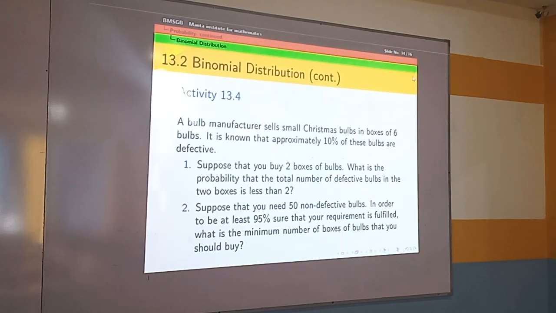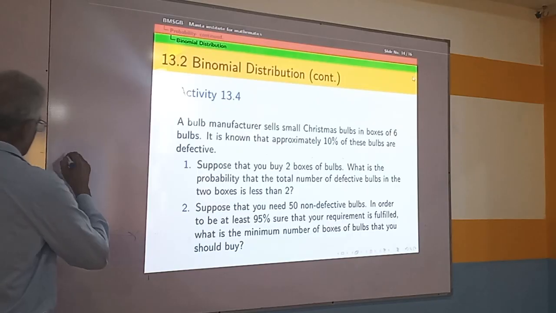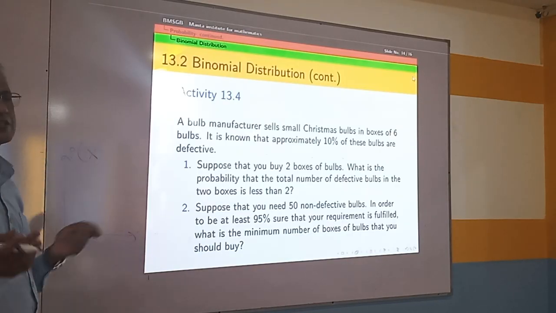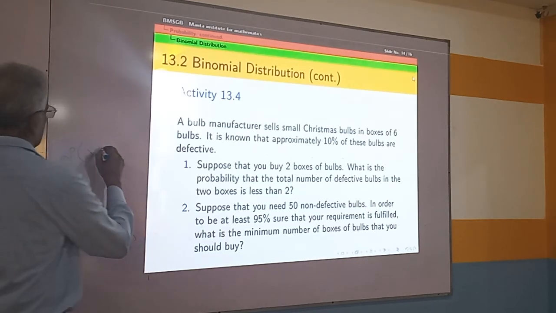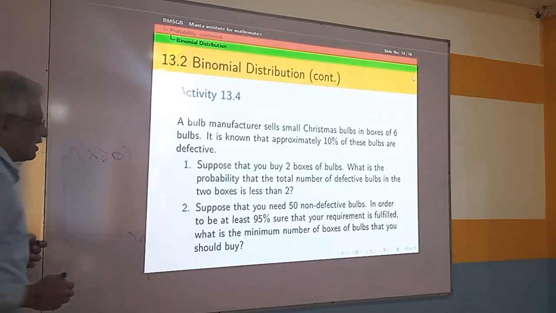So the least number of boxes that you have to consider will be whatever that is. So you have to calculate and look at the probability of, say, X. If you say X is the number of non-defective bulbs, you have to calculate the probability that X is greater than or equal to 50 for different n's.